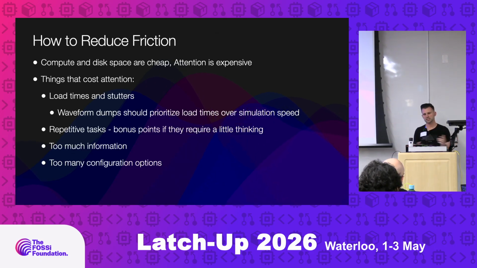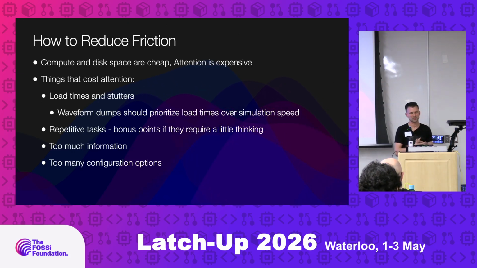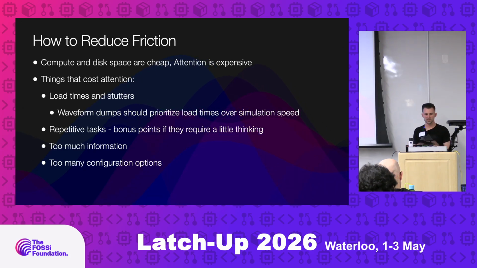Repetitive tasks: again, this is more of a guiding principle for me as a developer. I try to make things as easy as possible. I don't want to say automate, but give nice key bindings for stuff like that.